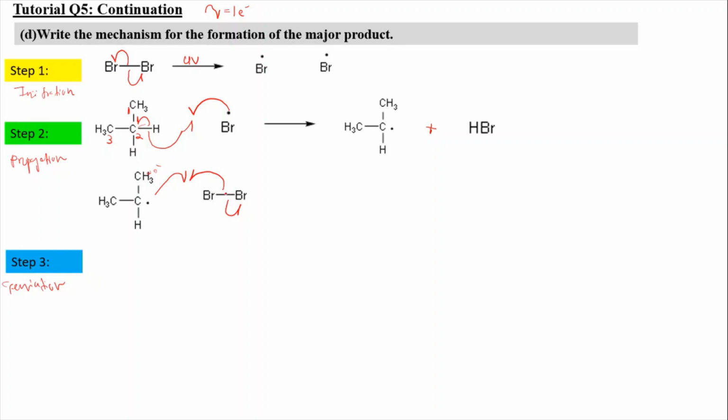The bond will break apart, and the carbon free radical will form a bond with one bromine, producing CH3CHBrCH3, which is our major product that we talked about just now. At the same time, the bromine radical will be produced once again.